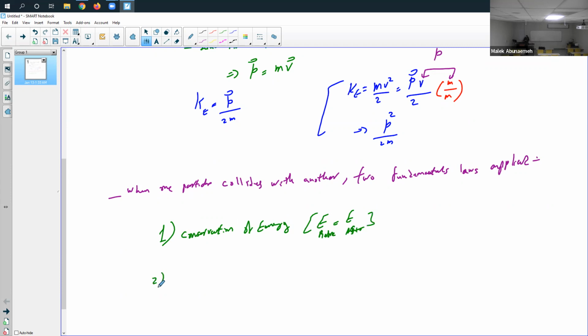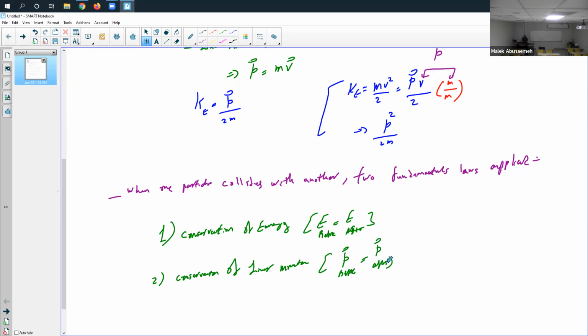Number 2, your conservation of momentum or linear momentum, which is the same thing, your momentum before is going to equal your momentum after.